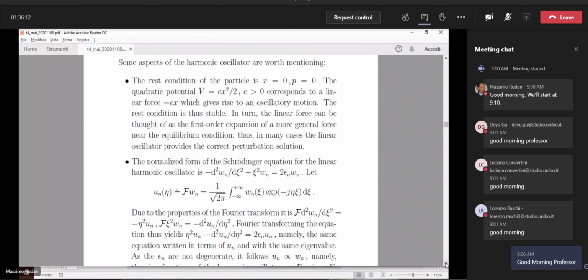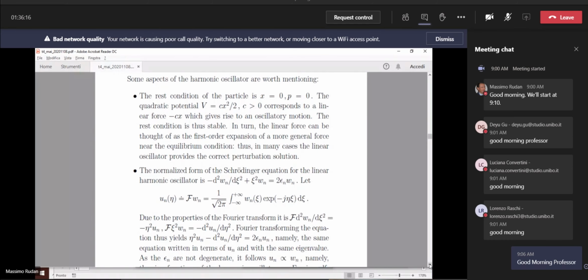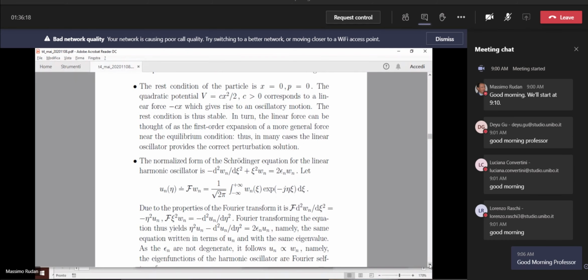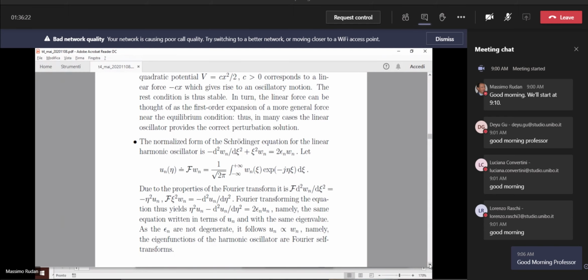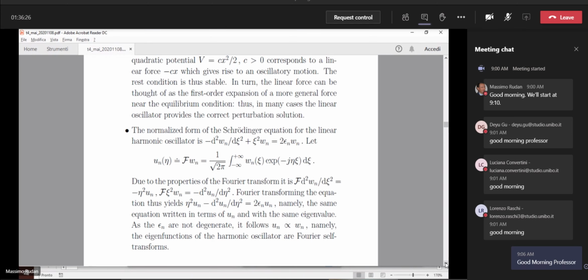Let's call U the Fourier transform of W. Of course, we can calculate the Fourier transform because W decays at infinity like a Gaussian, so the transform does exist. Okay.